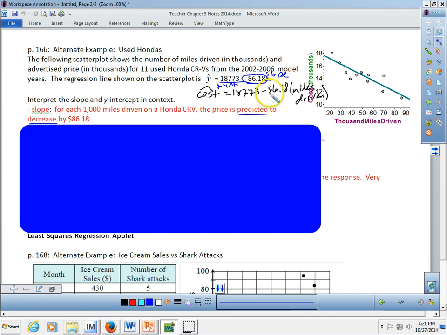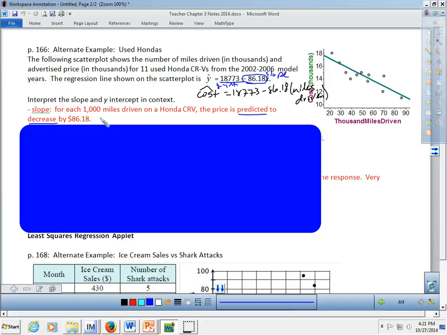Why decrease? Because our slope here is negative. So the price is predicted to decrease by $86.18. Okay? So for every 1,000 miles, I should expect a Honda CR-V to drop in price by $86.18. That's what I would expect, or that's what I would predict.